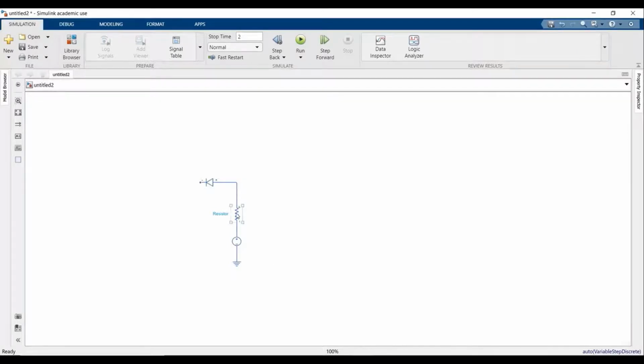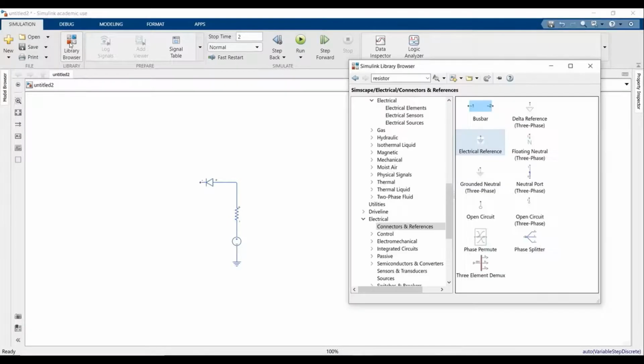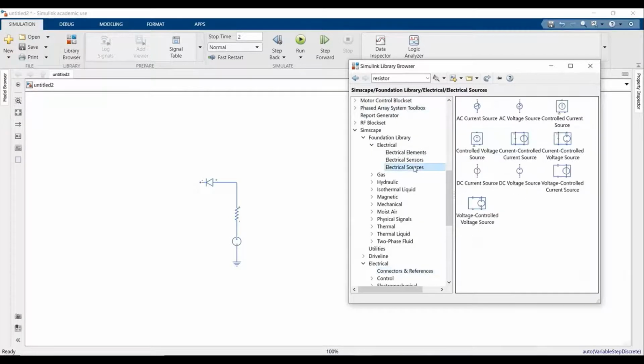We have a diode, a resistor, and then a DC voltage source. So we want to be able to send a signal into the input, and then we want to be able to measure the output from this point here. Okay, so if I go back to my electrical source, I want to be able to control this input.